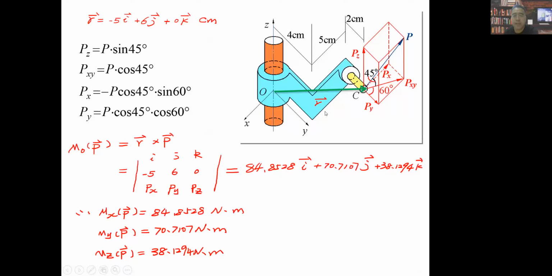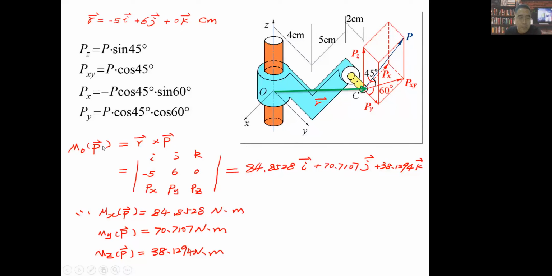Then find the three components of vector R. We have -5 along the x-axis, 6 along the y-axis, and 0 along the z-axis, because the whole vector R is on the x-y plane, right?